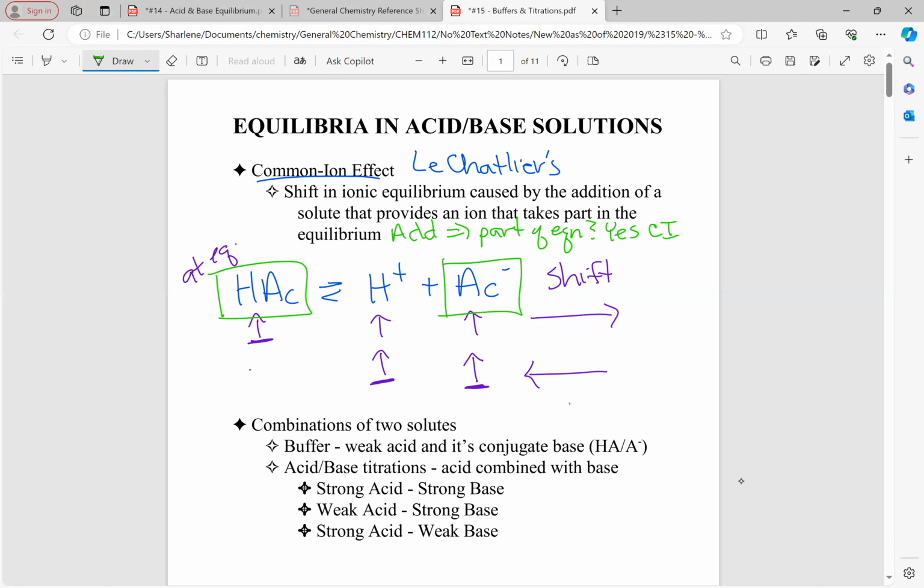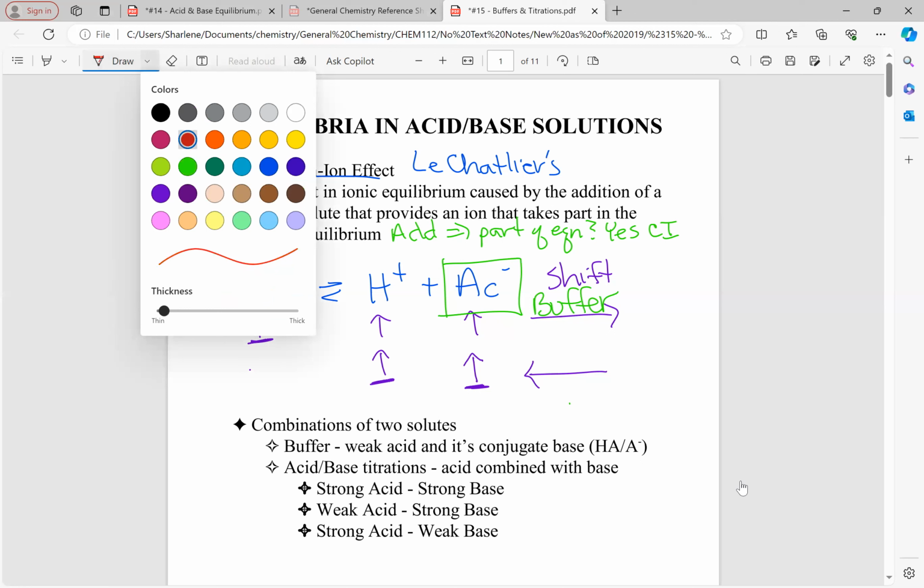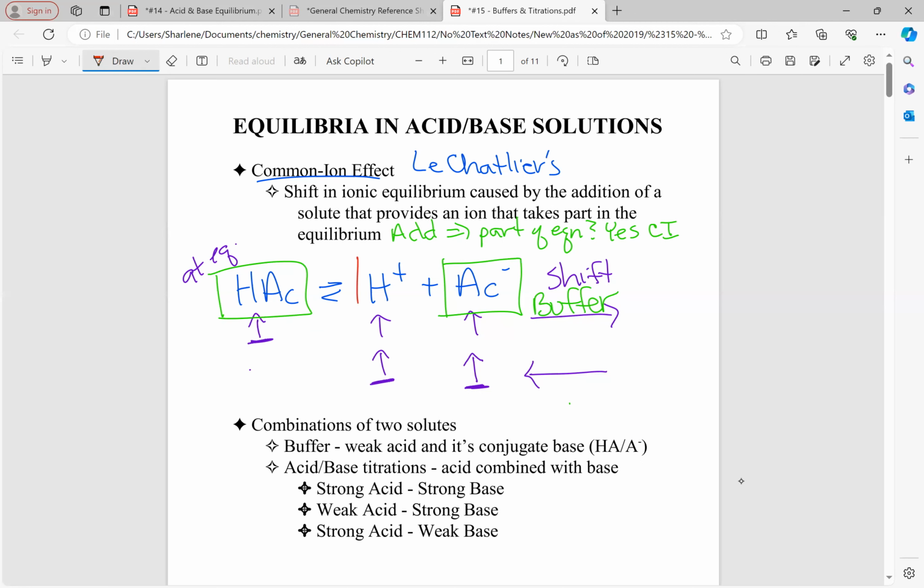So in this reaction, if you added extra acetate, this is the weak acid and conjugate base pair combination, that would be called a buffer. If you just added some extra protons, well, that would just be called a common ion. All buffers are common ions, but all common ions are not buffers, okay? And we'll play with that, of course, a lot.